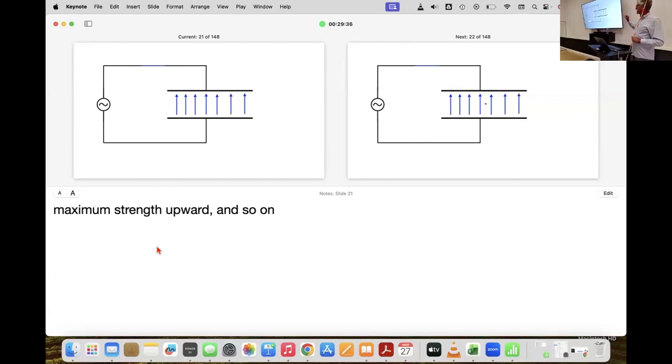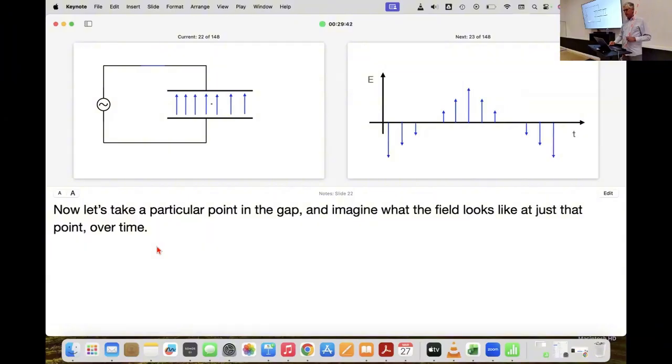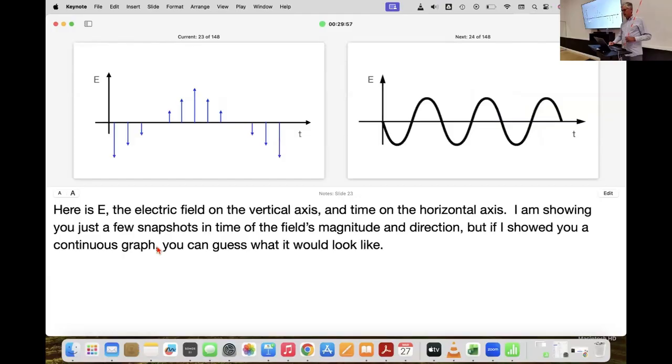If we selected certain time points out of this process and graph them, it would look like this. So we're going to look at the electric field at just one point. It doesn't matter which point I choose, but if you select a point there, this is the time axis.